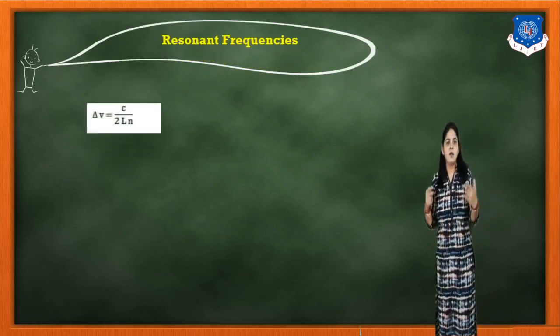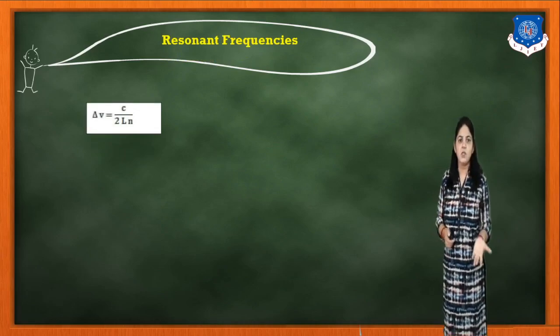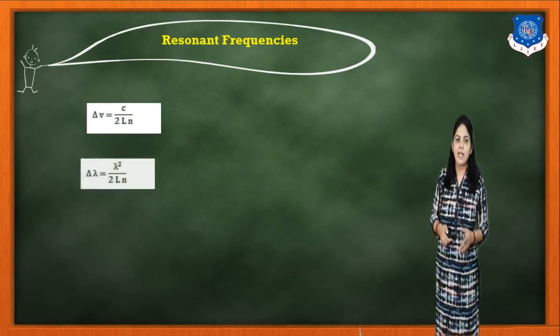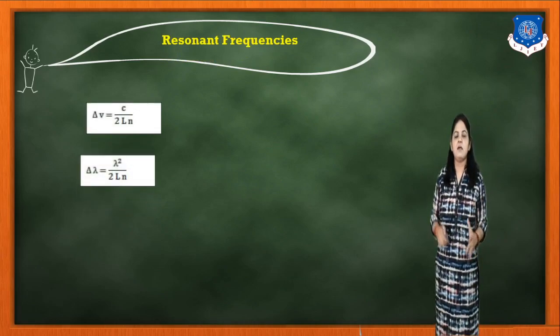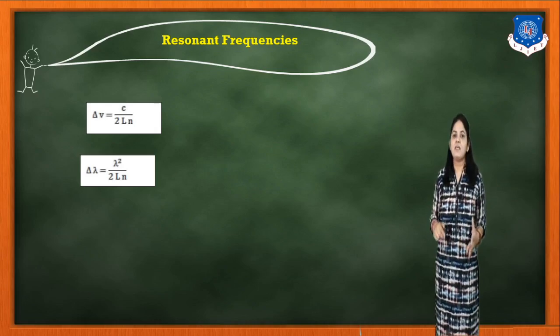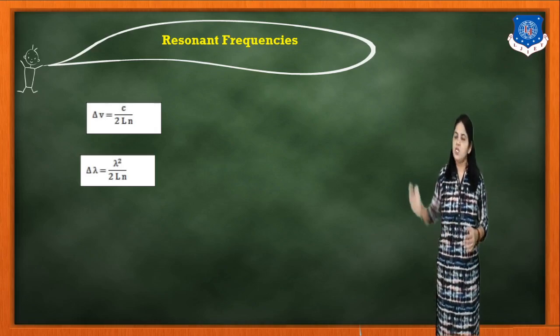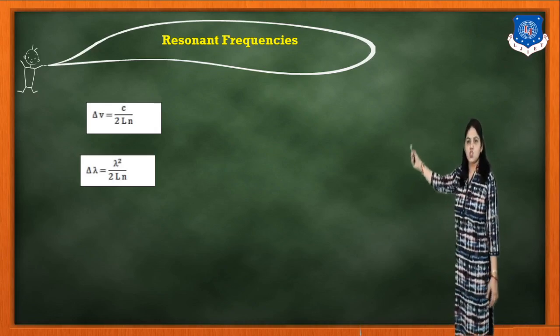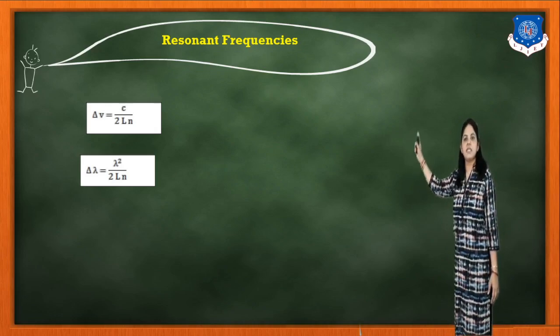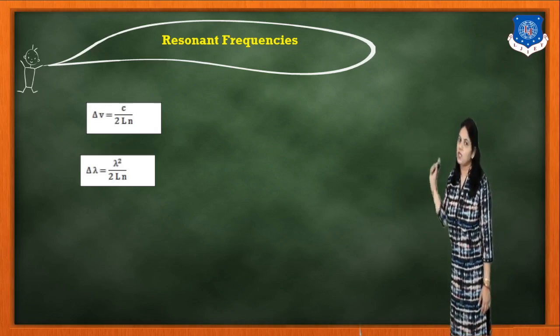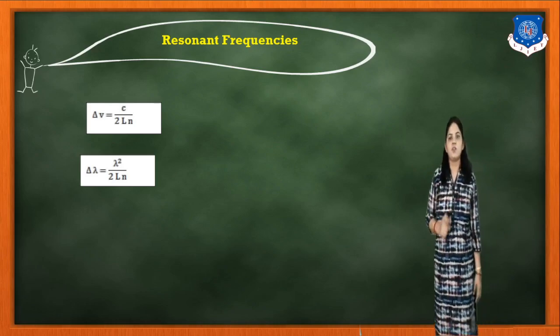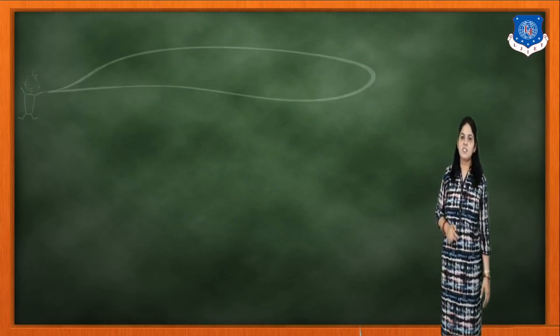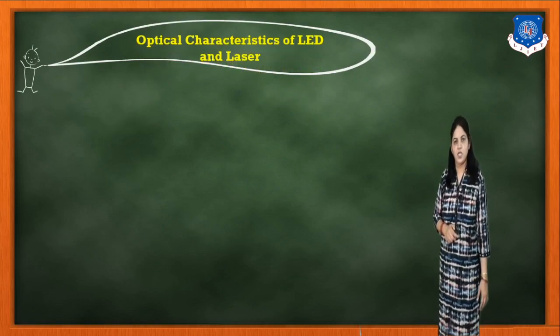So delta V is equal to C upon 2 L n, and delta lambda is equal to lambda squared upon 2 L n. These two equations are also important for solving examples related to the resonant frequency of the laser.